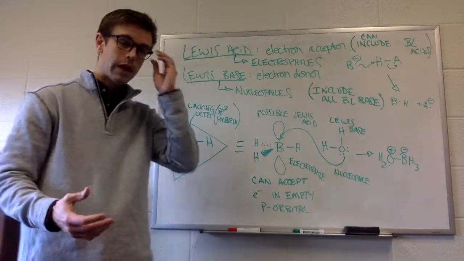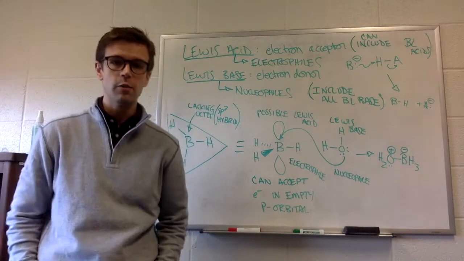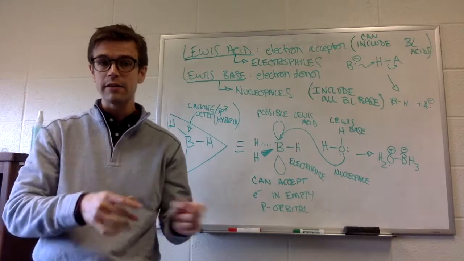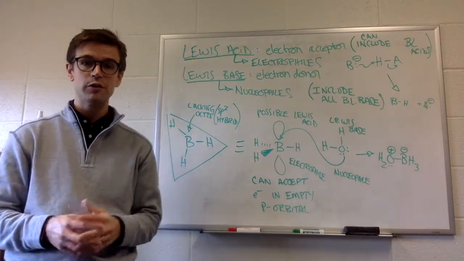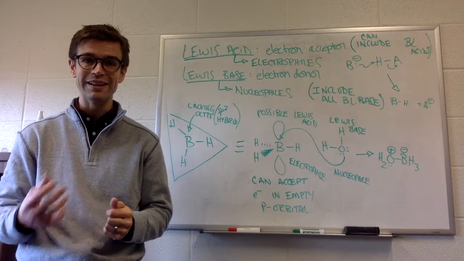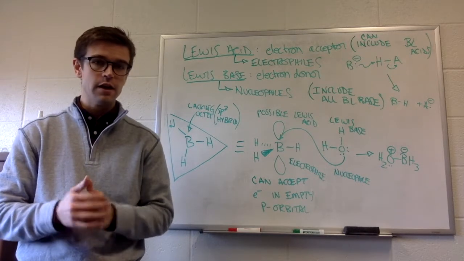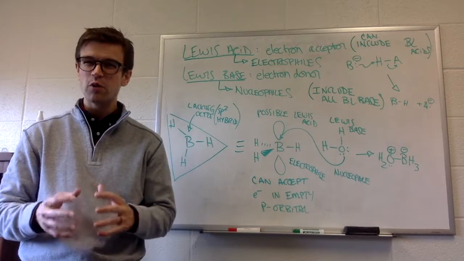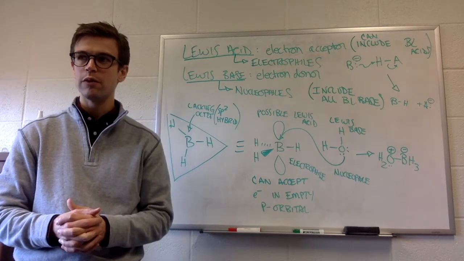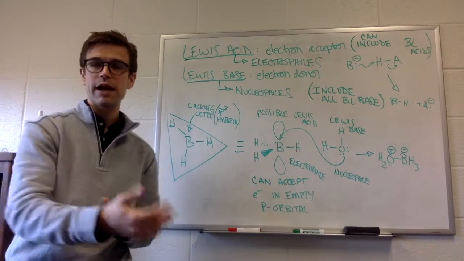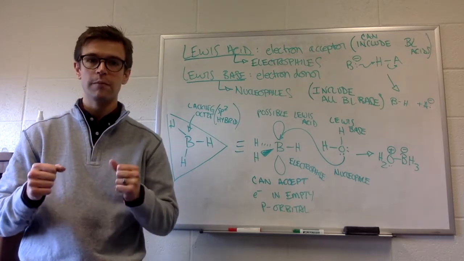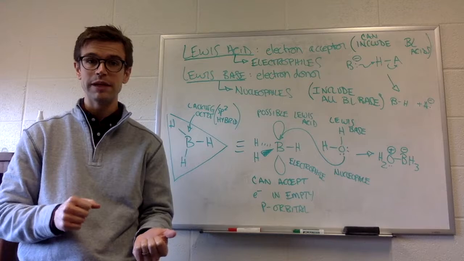And so why do we care about the Lewis definition? We care about it because, like I said at the beginning of the video, in organic chemistry, we're really always trying to track the electrons. And the Lewis acid-base definition is a more inclusive definition where we can relate other reactions that are not just simple proton transfers to acidity and basicity.